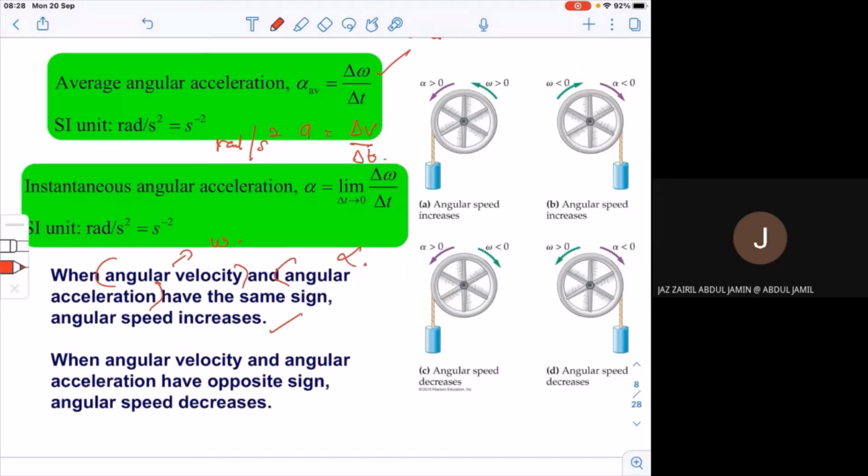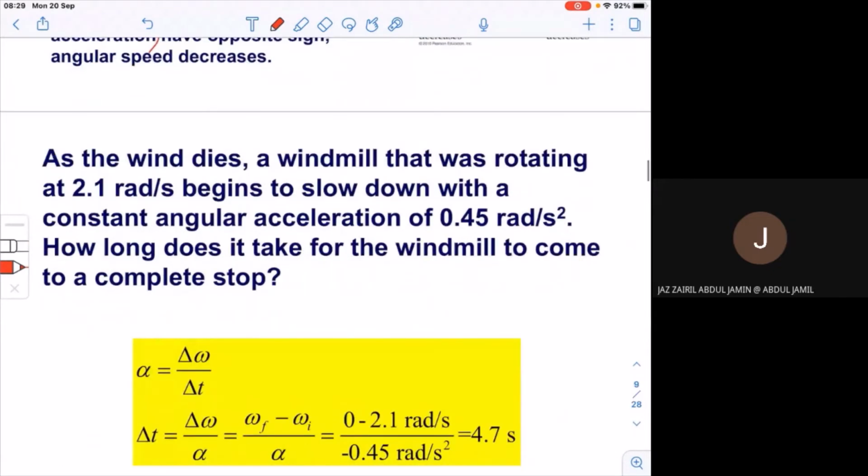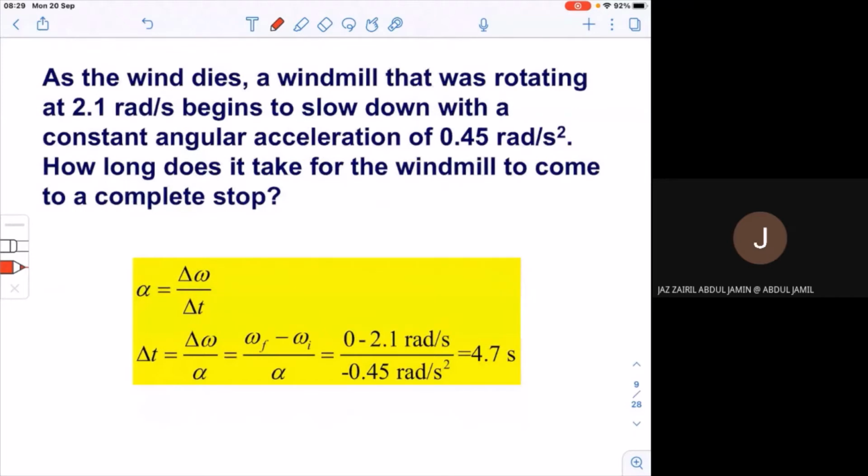But when angular velocity and angular acceleration have opposite signs, the angular speed decreases. The same happens in linear motion.